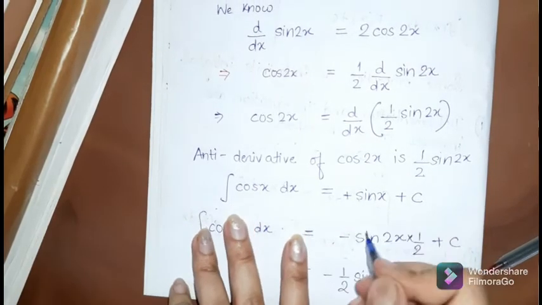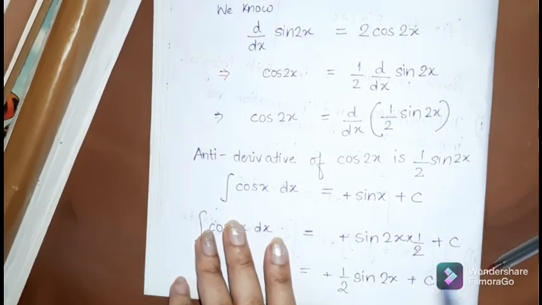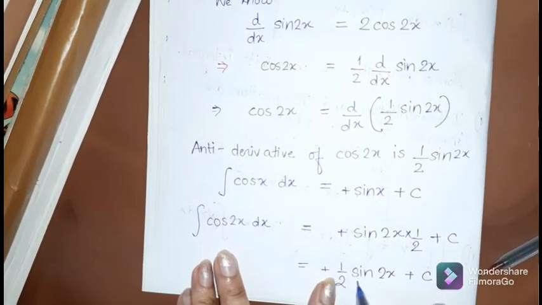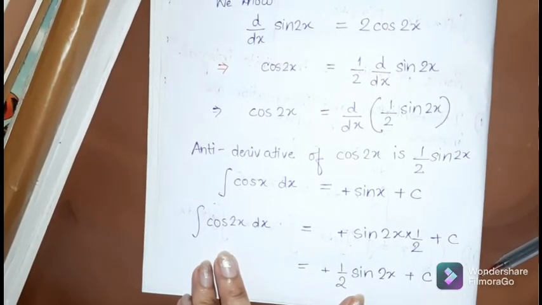This is positive, right? If the formula is not well remembered, confusion happens and mistakes occur. So it is half sin 2x plus c.